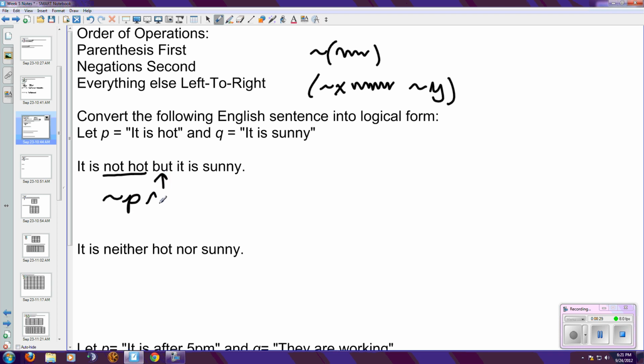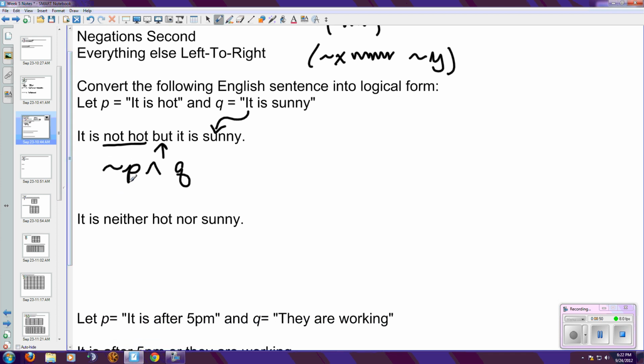Recall here, "but" means that intersection symbol, the conjunction, and "it is sunny". There's no variation on this because it's straight "it is sunny", exactly what we have here for Q. So this would be the same thing as saying not P, intersect, or conjunction Q. Whichever way you're more comfortable saying it, the book will always refer to it as a conjunction.